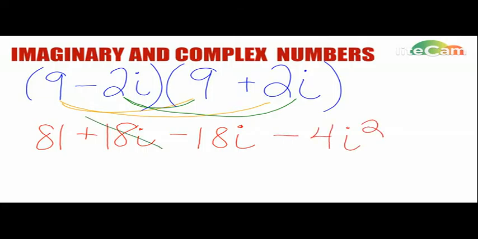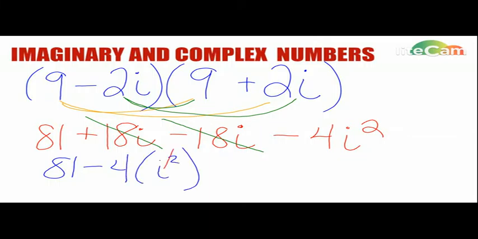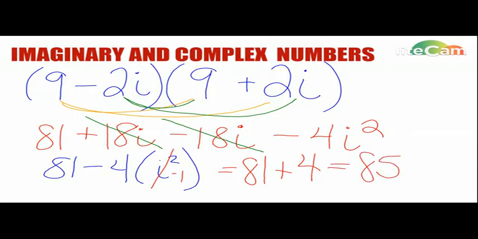All right, the 18i's make 0, so I'll have 81 minus 4, and then the i squared becomes what? A negative 1. So now I have 81 plus 4, and the answer is 85. Notice how the 81 and the 4 end up being 85.